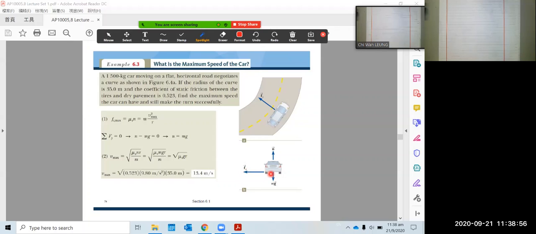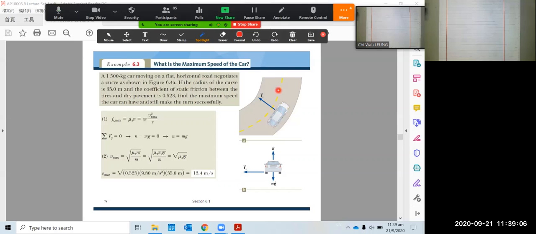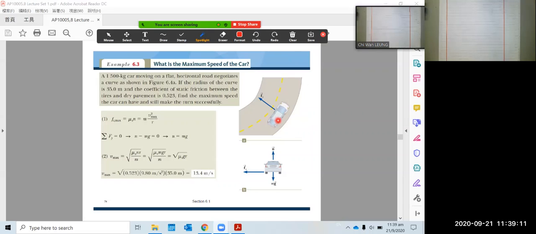Because the car is not sliding, it is not increasing or decreasing its radius of circular motion, therefore it must be coming from the static frictional force.